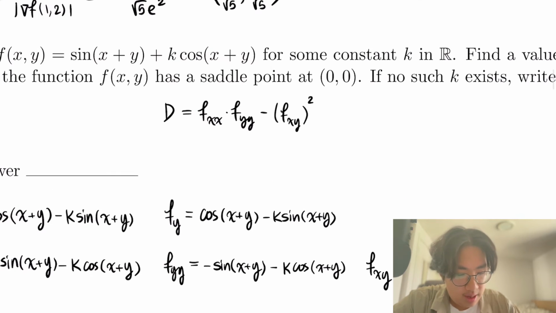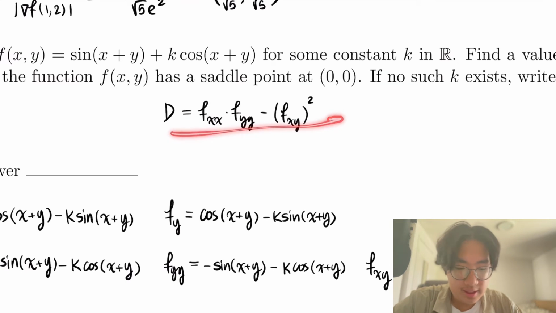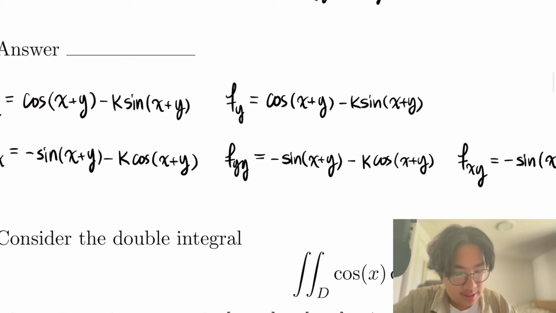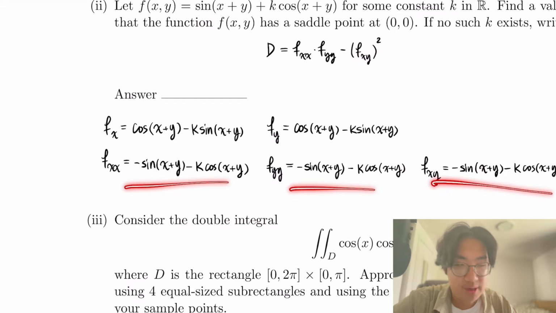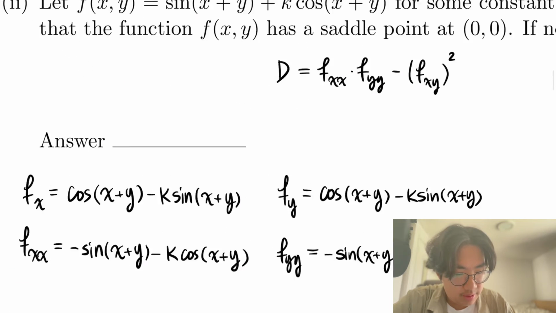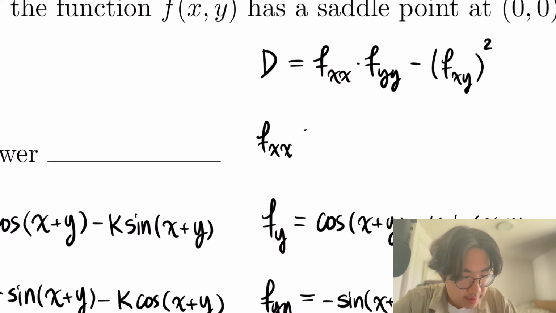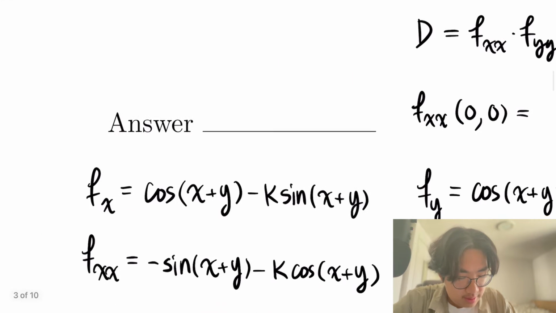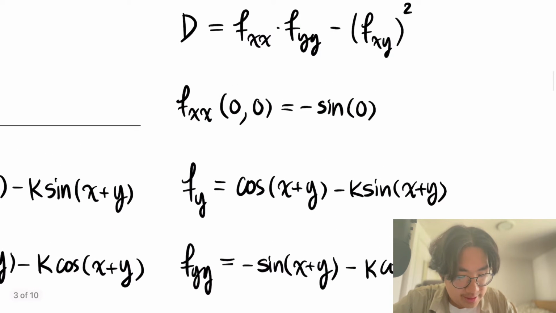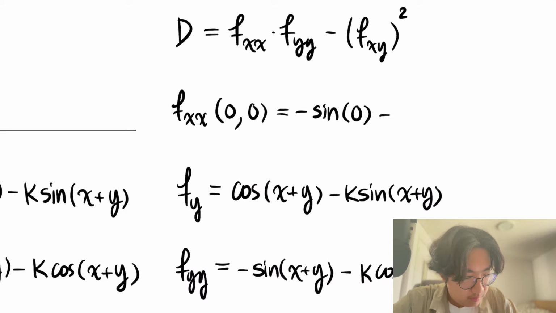Okay, so now we can evaluate here. Before plugging it in, we can just evaluate it at 0, 0. You'll notice, because they are all equivalent, I'll just evaluate it for one of them. So f sub xx at 0, 0 gives us negative sine of 0 minus k times the cosine of 0 as well.